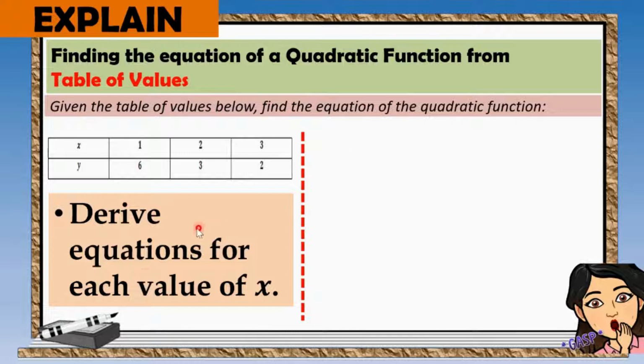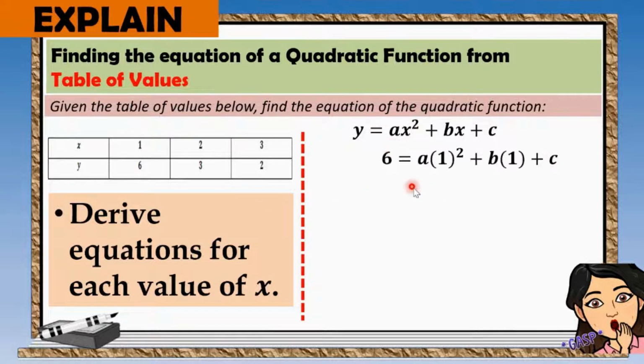The question here is, how do we derive an equation for each value of x? Since we have three coordinates or ordered pairs, we will get three equations, by just substituting the y and x values from the table.